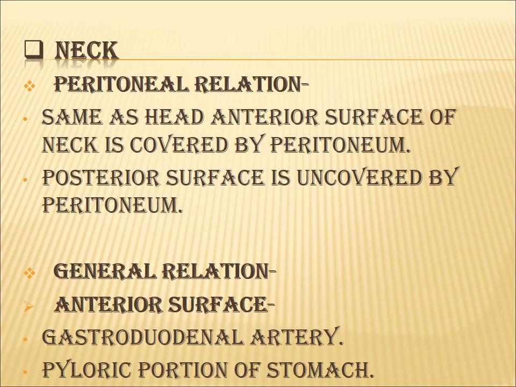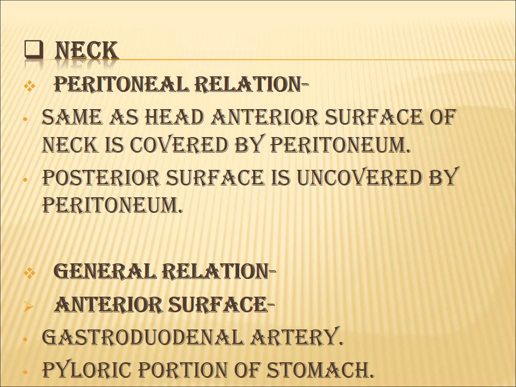The peritoneal relation of the neck of the pancreas is the same as that of the head of the pancreas, where the anterior surface of the neck is covered by the peritoneum and the posterior surface is uncovered by the peritoneum.